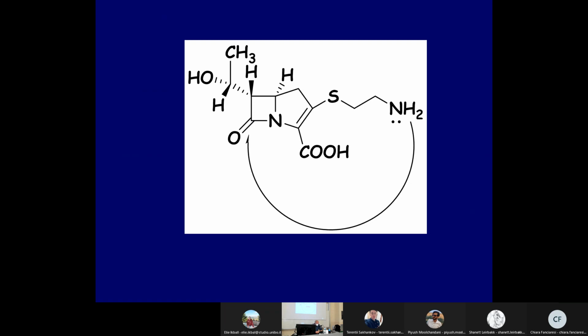So the scientists tried to decrease the basicity of the amino group in order to increase the stability of this potent natural compound.